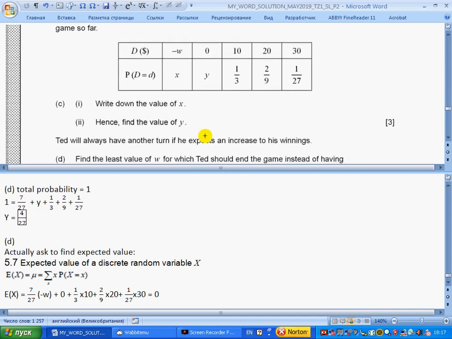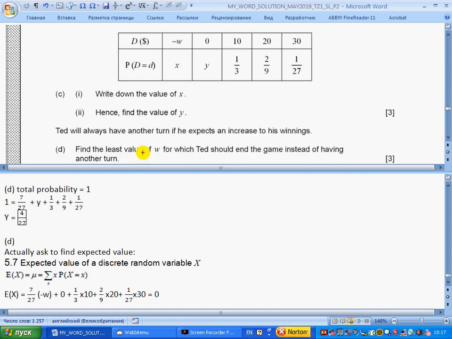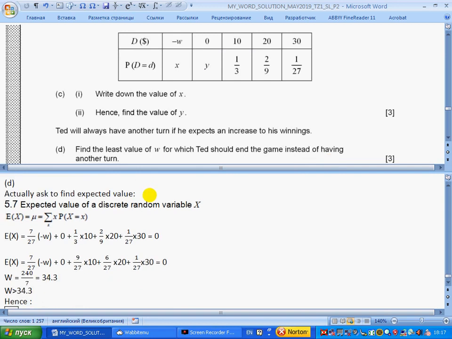Ted will always have another turn if he expects an increase to his winning. Find the least value of w for which Ted should end the game instead of having another turn. Actually, they ask to find the value of w when expected value equals 0. Expected value is given by value times probability.